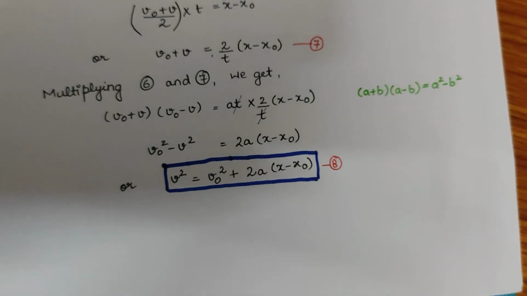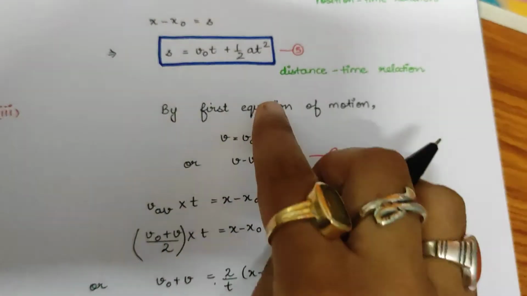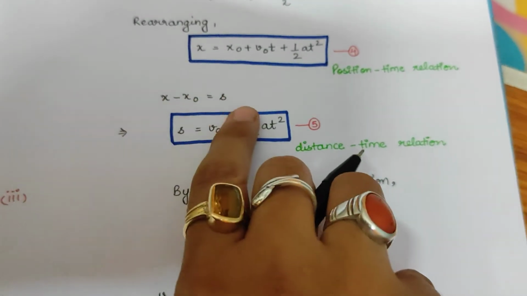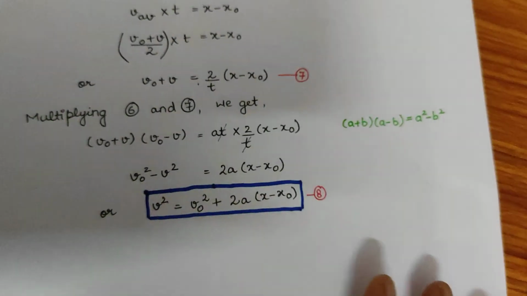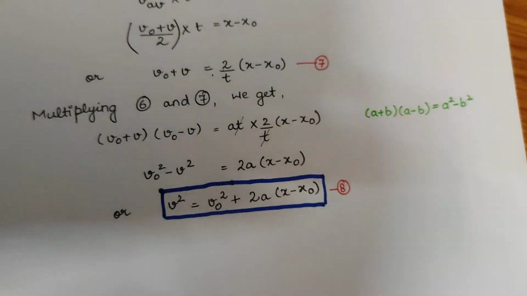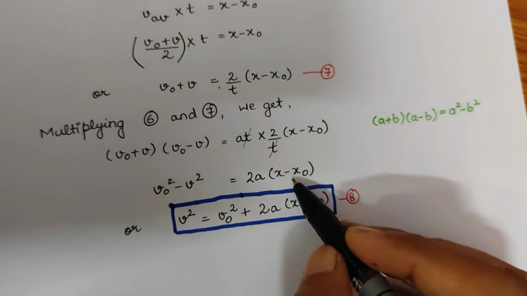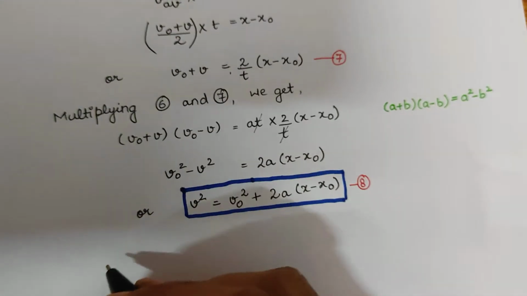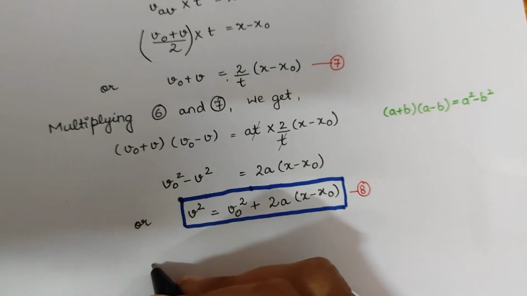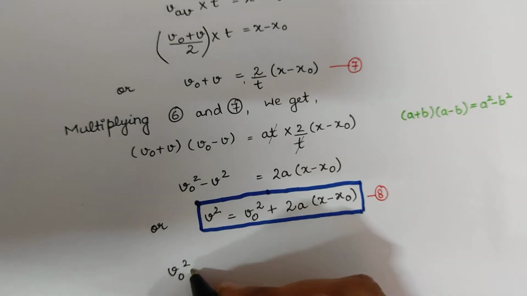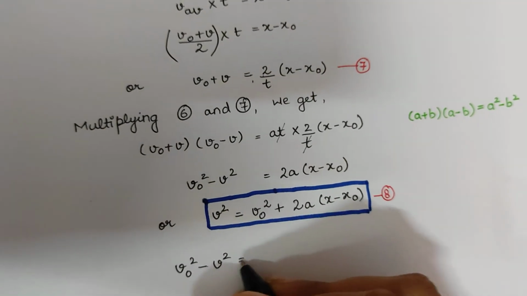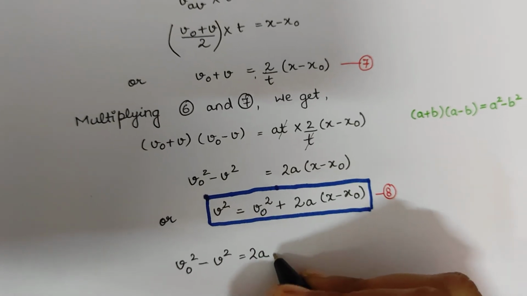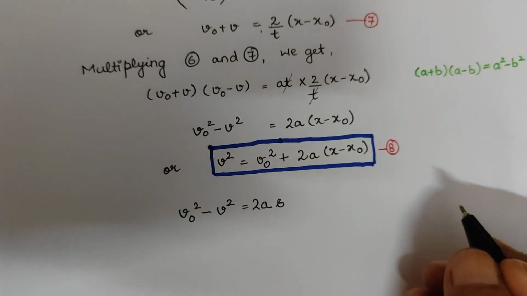As we did in the second equation of motion, x minus x naught is equal to s. So we put the same here, and we get v naught square minus v square is equal to 2a s.